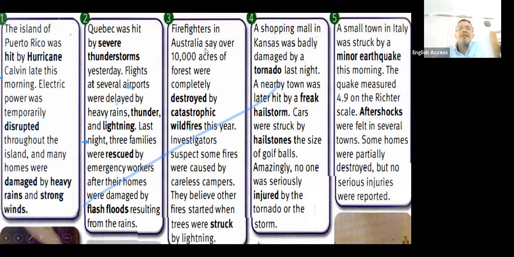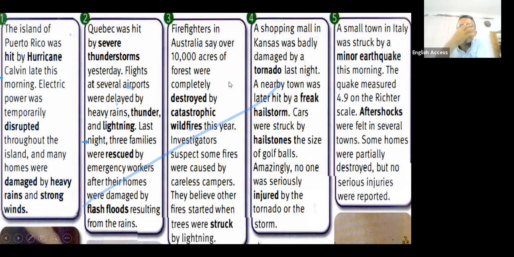Firefighters in Australia say over 10,000 acres of forests were completely destroyed by catastrophic wildfires this year. Investigators suspect some fires were caused by careless campers. They believe other fires started when trees were struck by lightning. As you know, folks, we are reading about news, right?